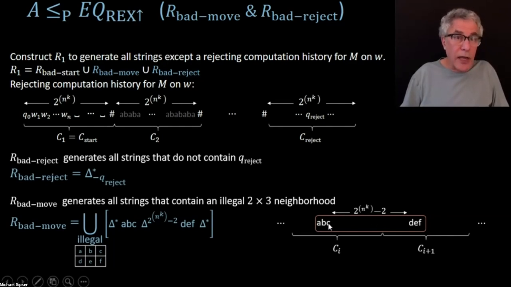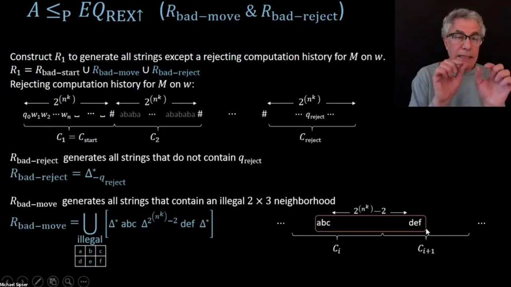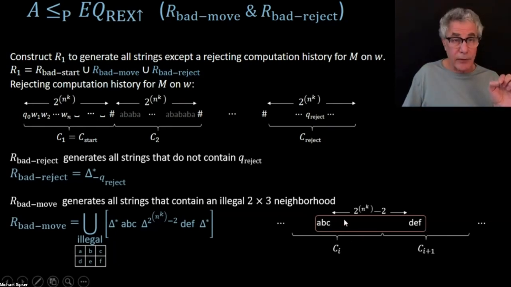And the interesting part is you have to place that separator between A, B, C, and D, E, F. So this is another place where we're going to critically use the exponentiation and the fact that all of the configurations are the same length. That's where we're using that.